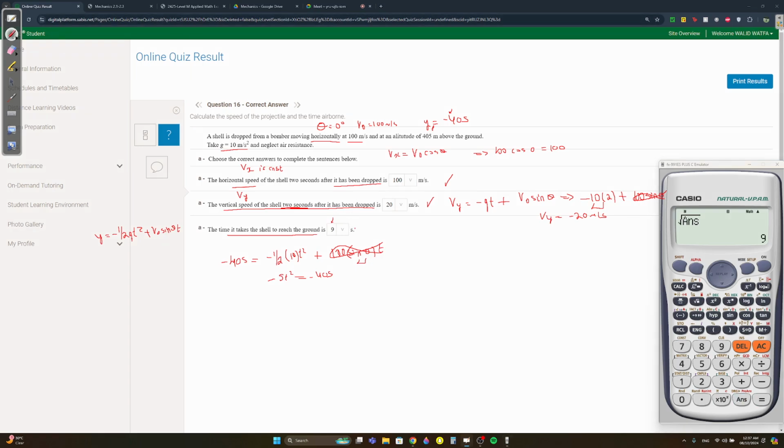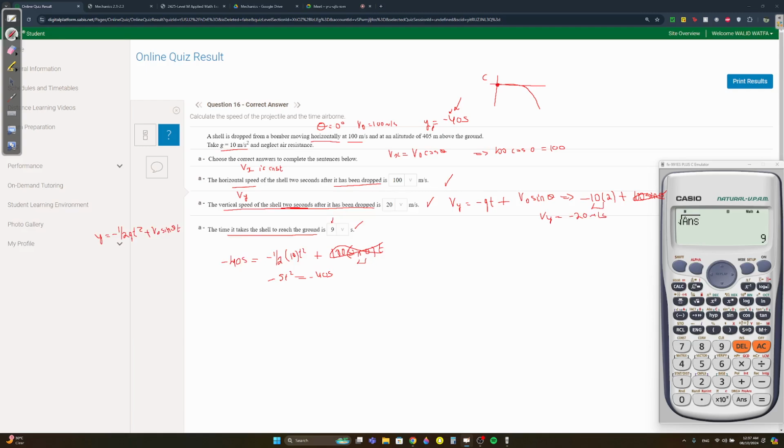Some people might ask me, they said it's 405 above the ground, why did you put y final as minus 405? Again, I'll explain it again. Think of it like this. It's a bomber. You know the bomber planes. They fly and then they drop the ball horizontally. So it goes like this.